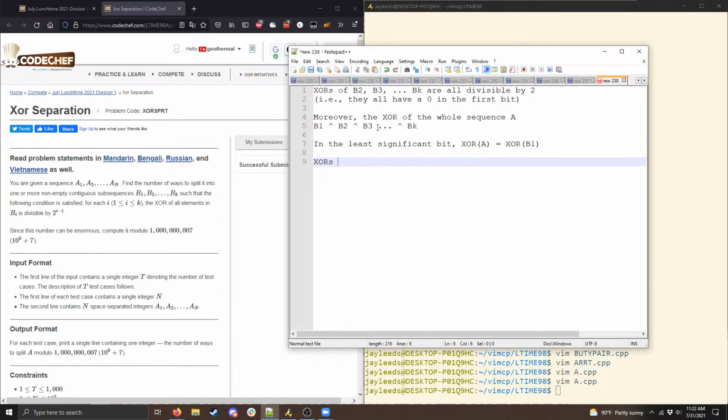So the XORs of B3 up to BK are all divisible by 4. So that means that if we're looking only at the bit corresponding to 2, only B1 and B2 can have this bit set, because B3, B4, etc. are all divisible by 4, so they're going to end in 2 zeros.